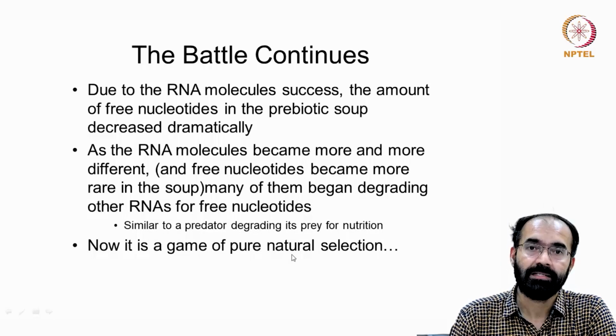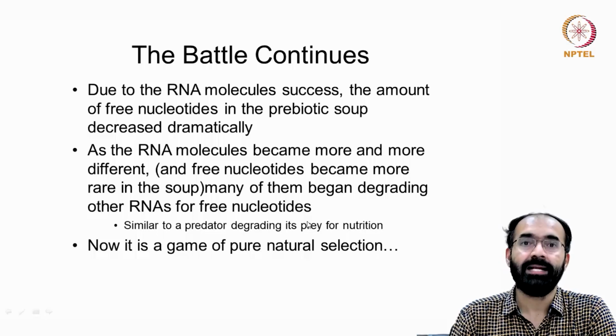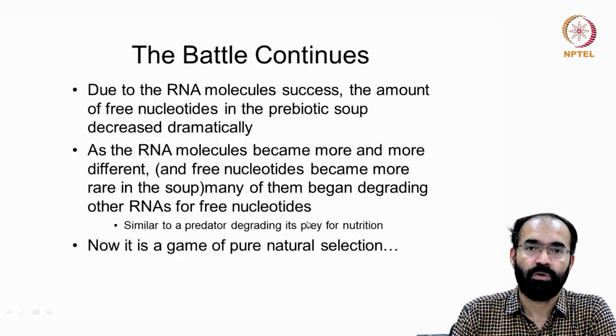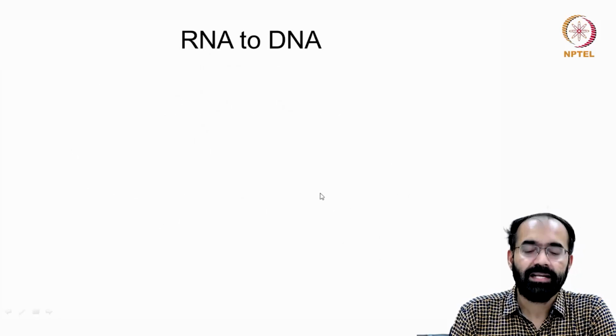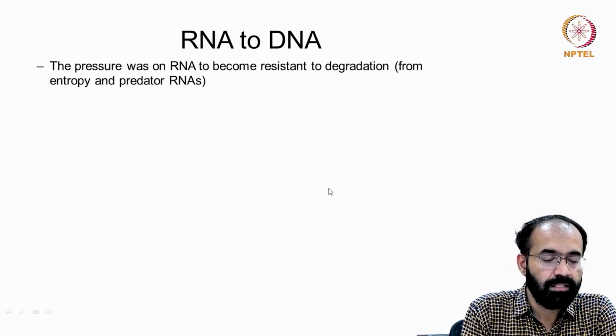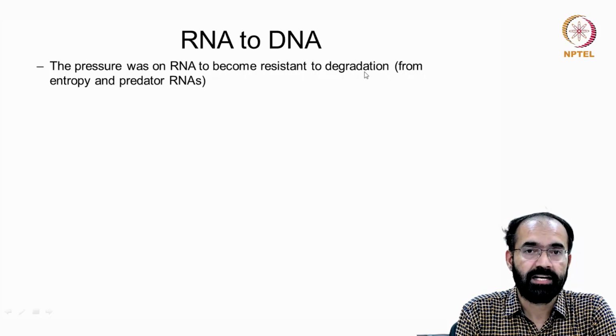The same logic applies. How effectively a given RNA was able to make a copy of itself, and degrade other RNA molecules, no matter what that other RNA molecule is. So it can grow. So now RNA eventually turns into DNA with circumstantial pressure. The pressure was on the RNA to become more resistant to degradation.